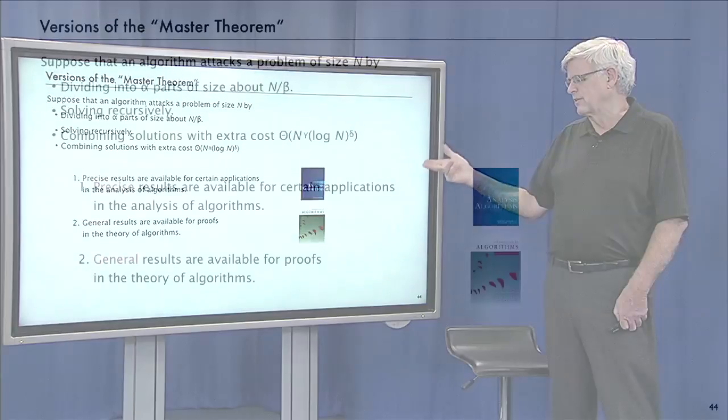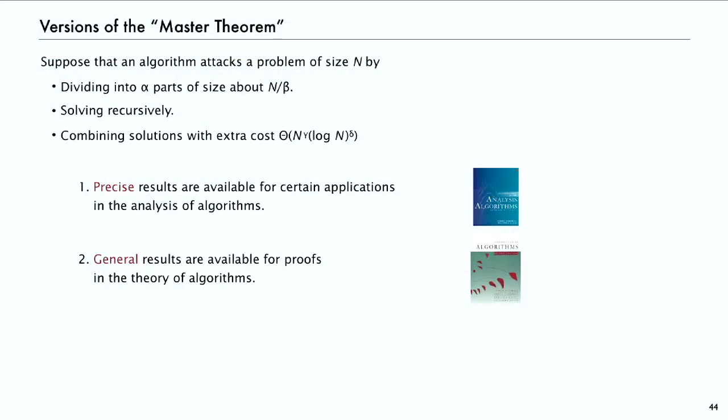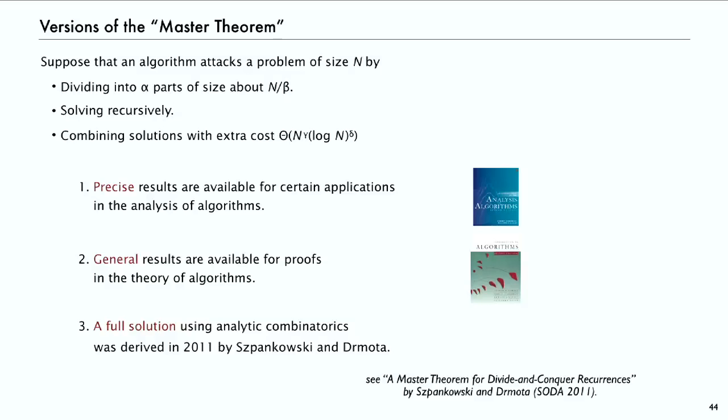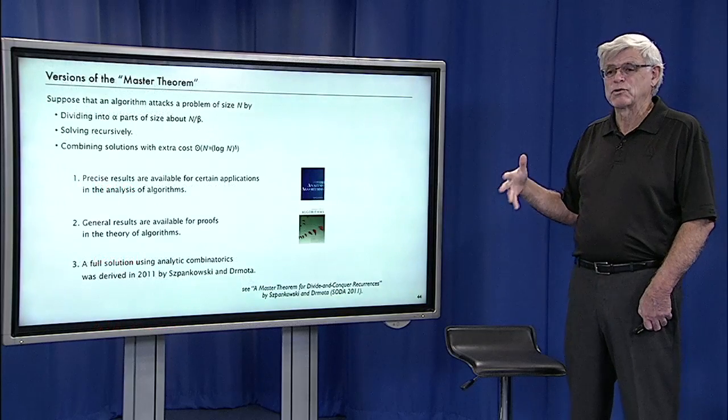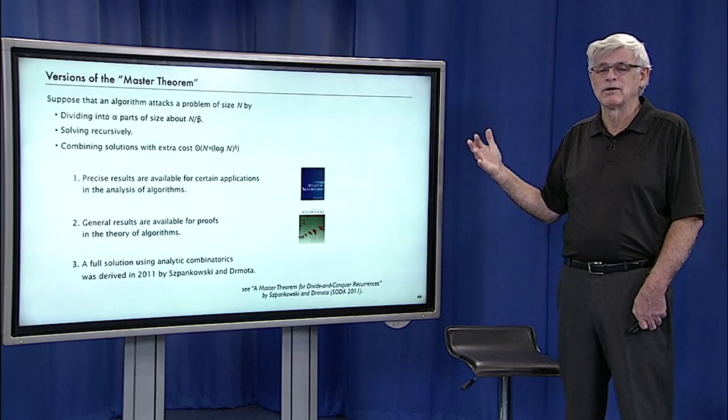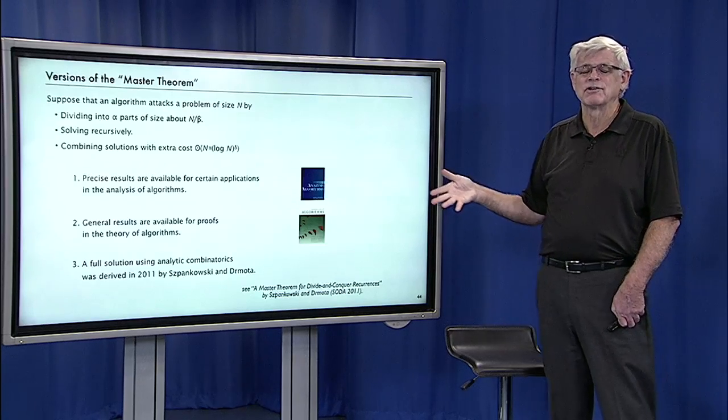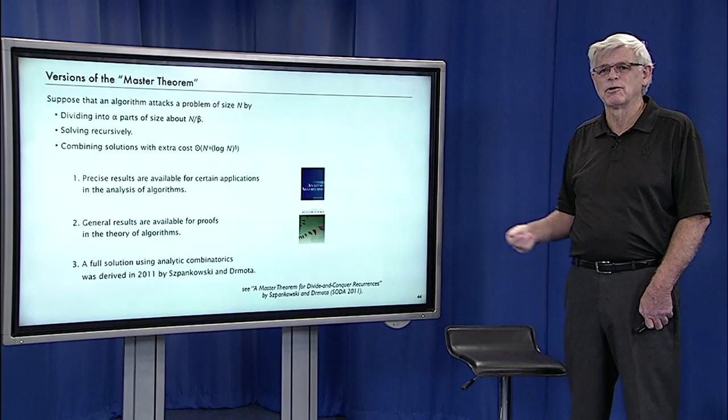The more general results in the theory of algorithms go even more general than where we went in terms of the extra cost of doing the combination, and those are certainly available. And then very recently, a full solution using analytic combinatorics was developed by Szpankowski and Dermota that actually captures in general all the kinds of oscillations that we determined for merge sort.